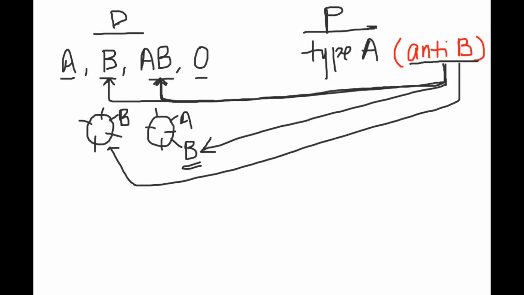So if the patient has type A blood, only people with type A blood or type O blood can be used as donors. You got it?